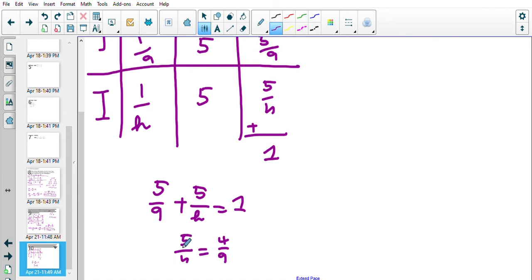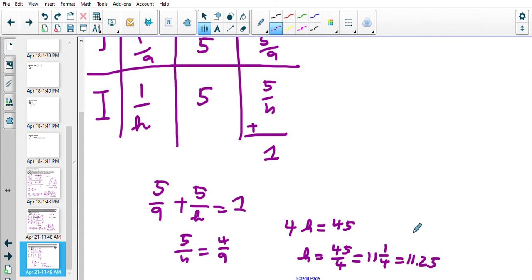If you cross multiply, you get 4H equals 45. So H equals 45 over 4, or 11 1/4, or 11.25. Was it hours or minutes?